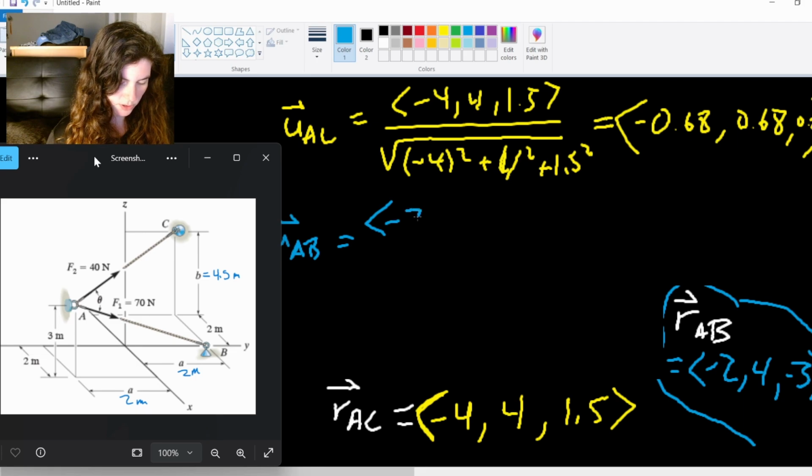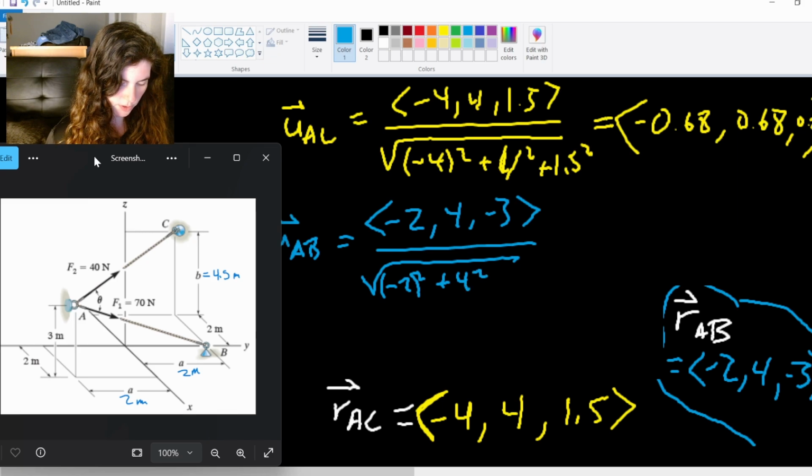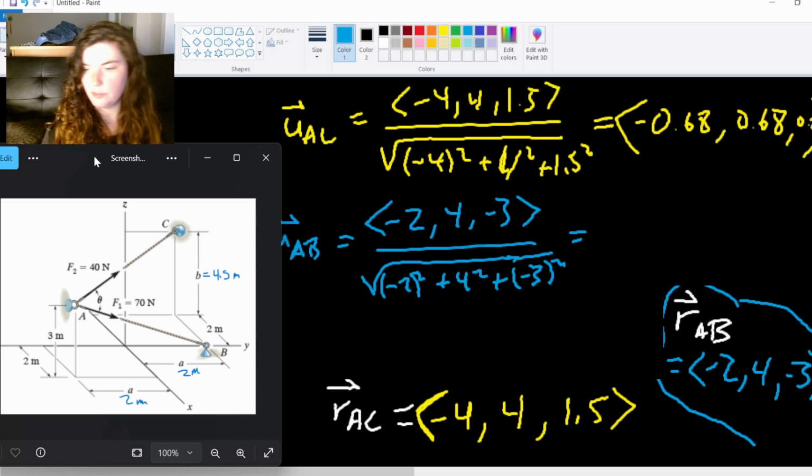That takes our position vector, -2, 4, -3, over the magnitude. Oh, I don't have it written down. I'll have to actually put it in the calculator.